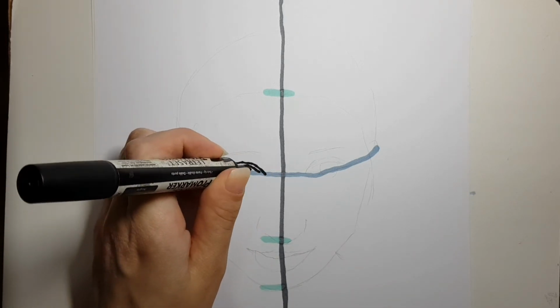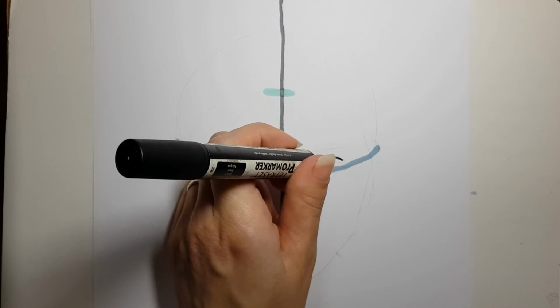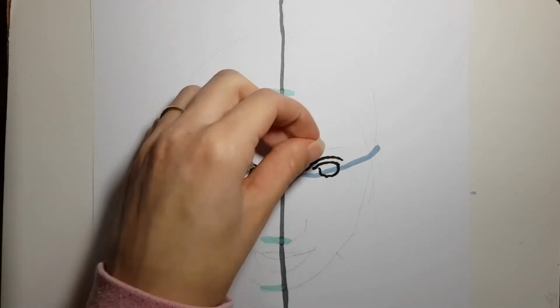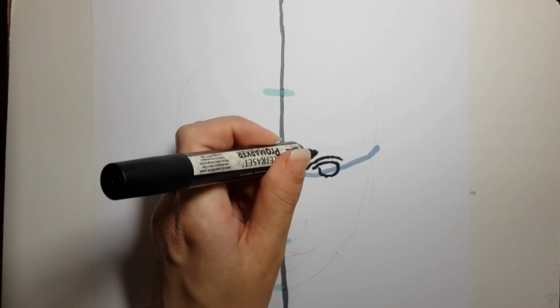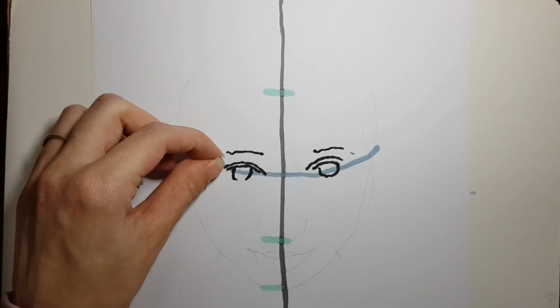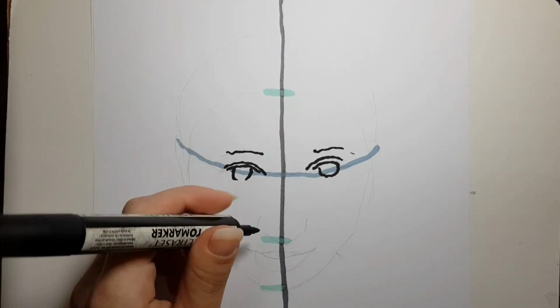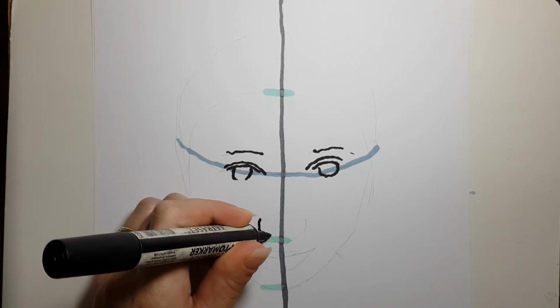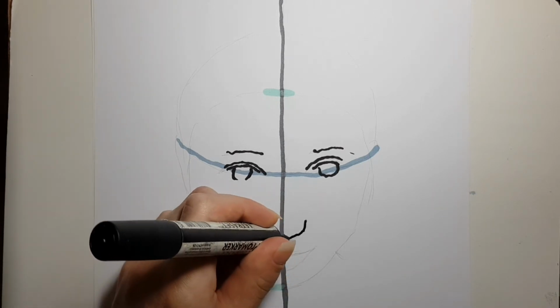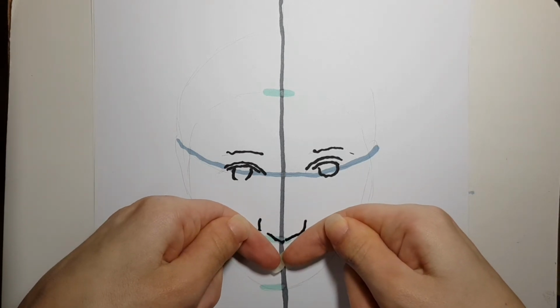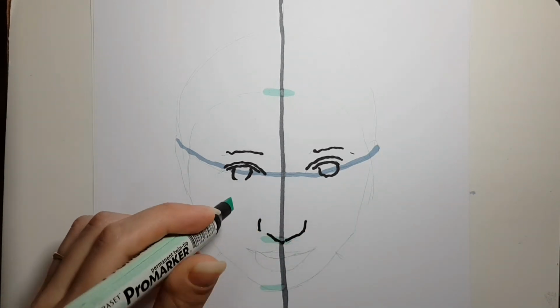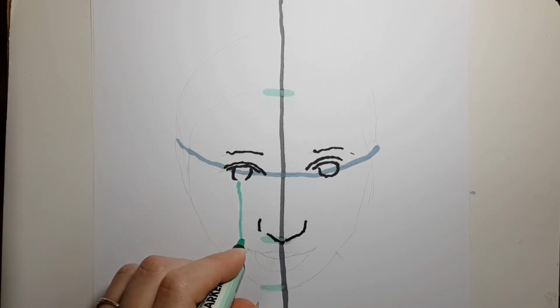We will see more of the eyelids when drawing the eyes. The eyebrows will be less curved up and more straight. The nose will look like a triangle pointing down. We don't see the nostrils. Draw the guidelines for the mouth.